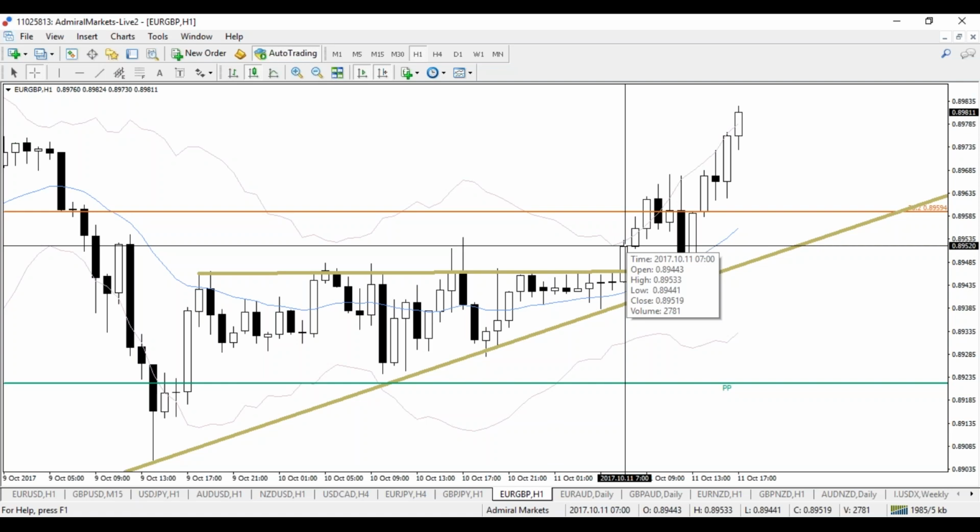Maybe if we get a good candle close today near the high. It's right at the high now, but the candle is closed. Yes, the candle is only 11 pips but it could be 9 pips for you.